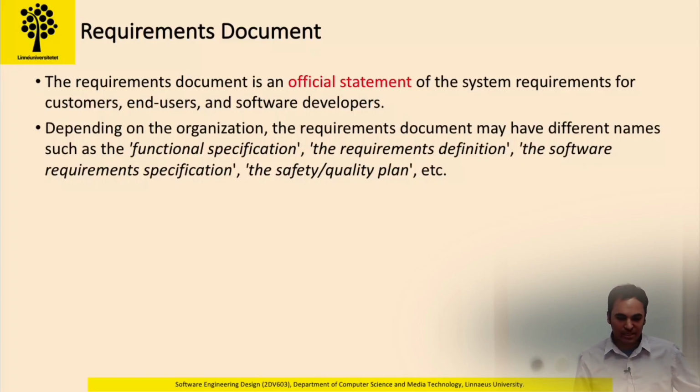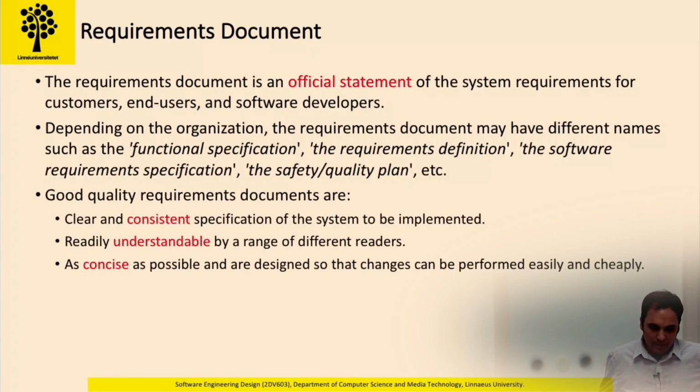Depending on the organization, as I mentioned, it's known by different names. One of the most common names is SRS, Software Requirements Specification, and you can also call it functional specification or non-functional specification. But good quality requirements have some good attributes.